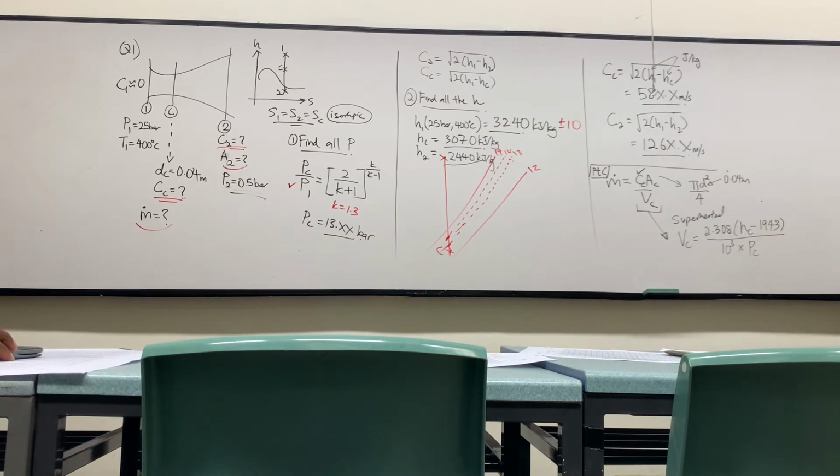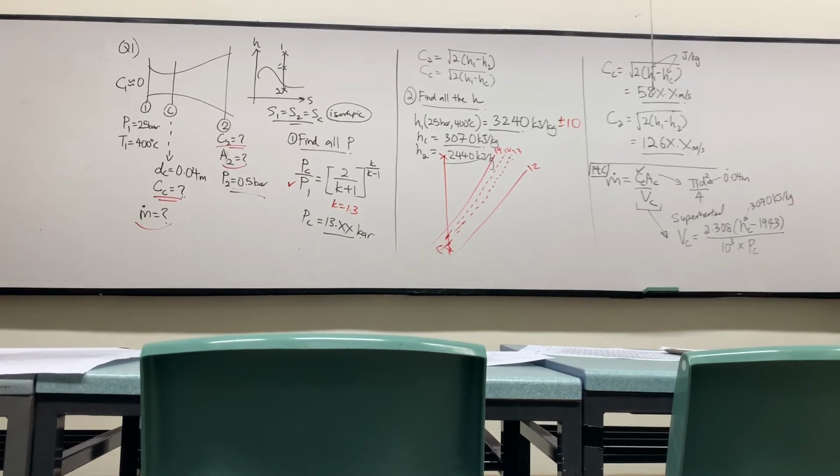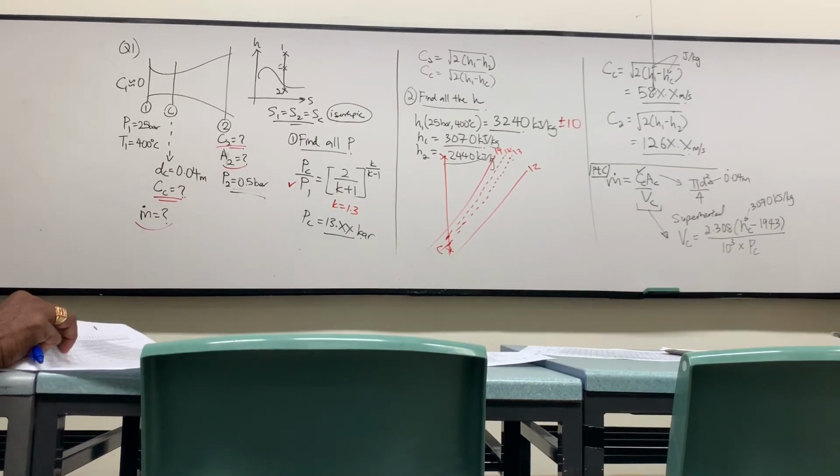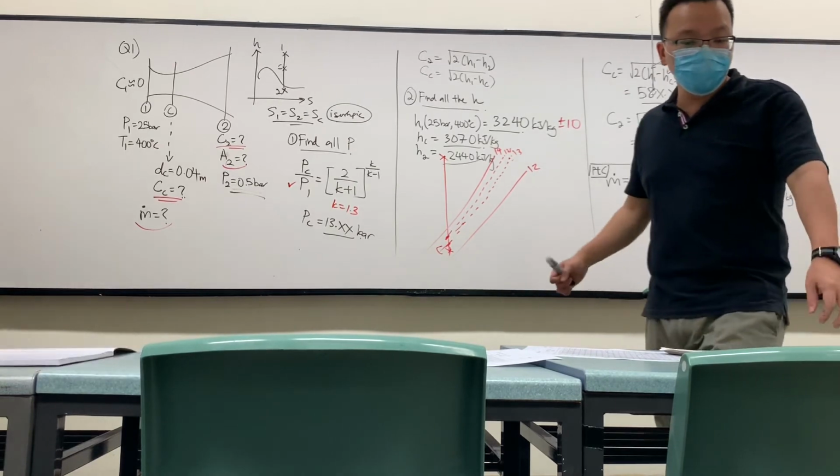Okay, so hC, PC. hC, based on the formula there, what do you need? 3070 kilojoule per kg. Follow the units on the equation. What does the equation tell you to put there?